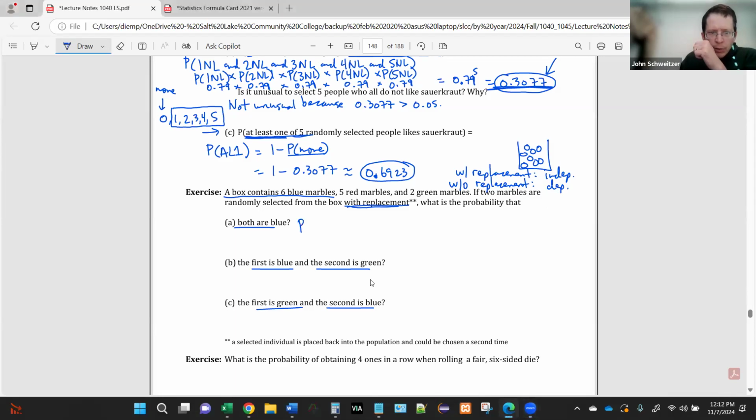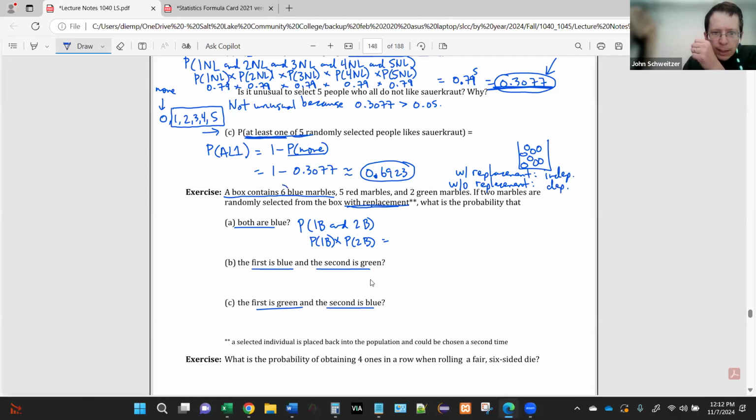Okay, so probability that both are blue. How do you get both being blue? Well, the first one is blue and the second one is blue. You can break it up with multiplication: the probability the first is blue times the probability the second is blue. That breaks a complicated event into two simple events, so we just need the probability of each simple event.